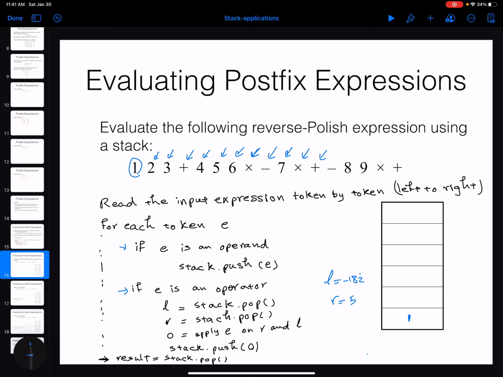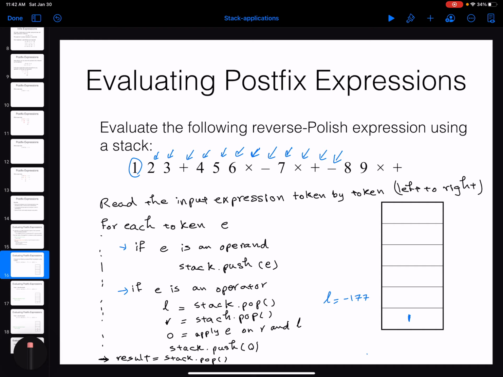I hope that I didn't make any mistake here. And then another token that you read is an operator. Sorry, it was minus 177. Another operator, you need two pops. L is going to be minus 177.